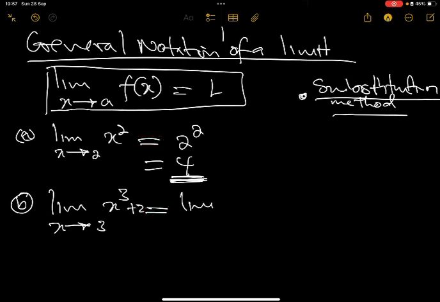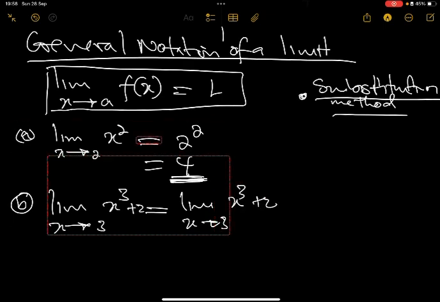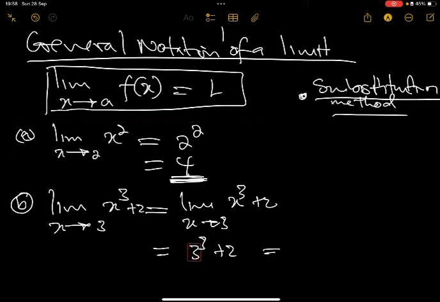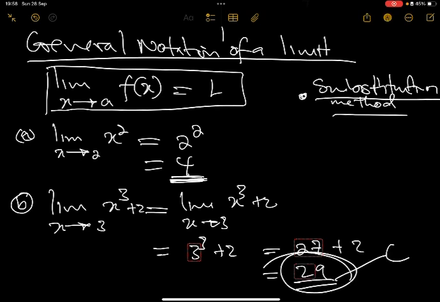We substitute this 3 here, and get 3 cubed plus 2. 3 cubed is equal to 27, plus 2, we'll get 29. So 29 is our limit L that we have talked about here.